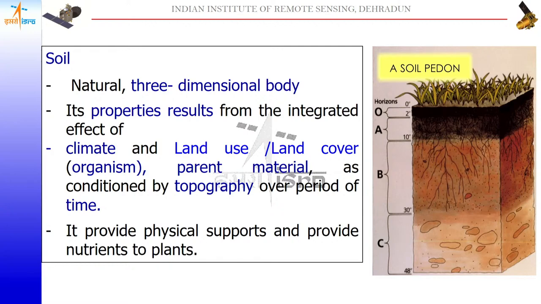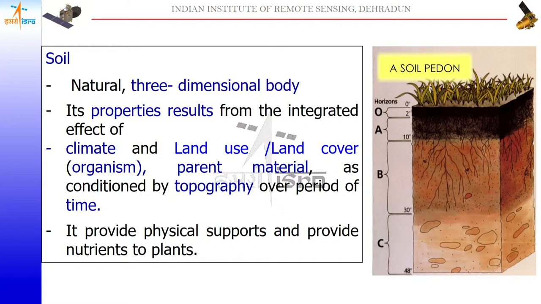On the right side you are seeing one vertical section of soil, which we call a soil profile. So you can say soil is a three-dimensional natural body, and its properties will be developed by the various soil forming processes.